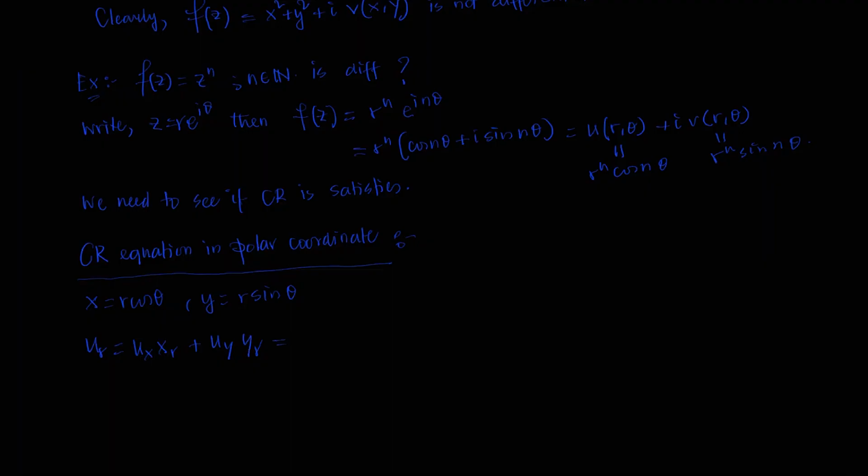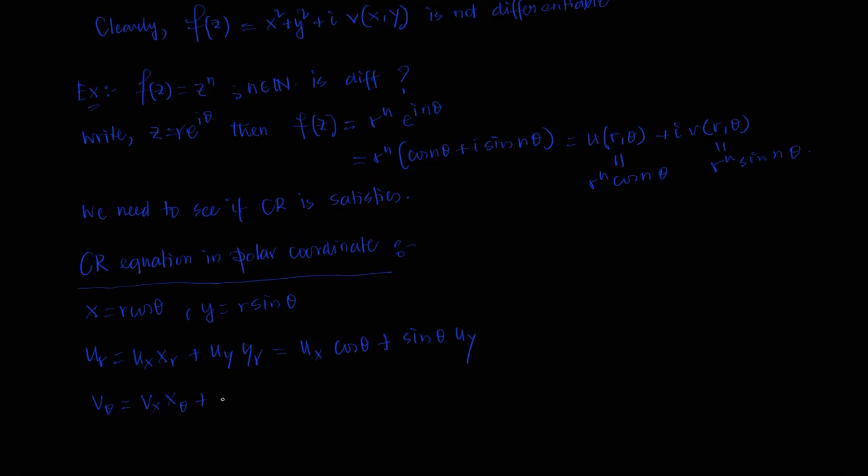So that will give you ux cosine theta plus sine theta uy. Again, v theta is vx x theta plus vy y theta.